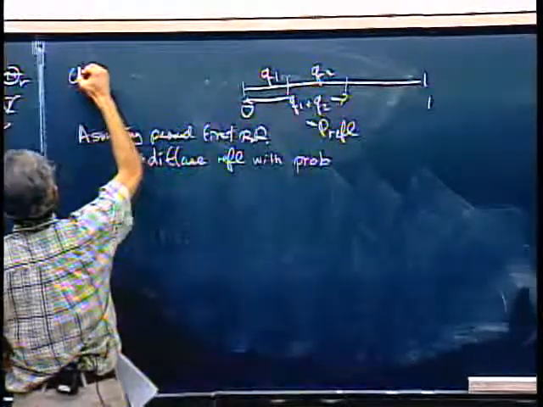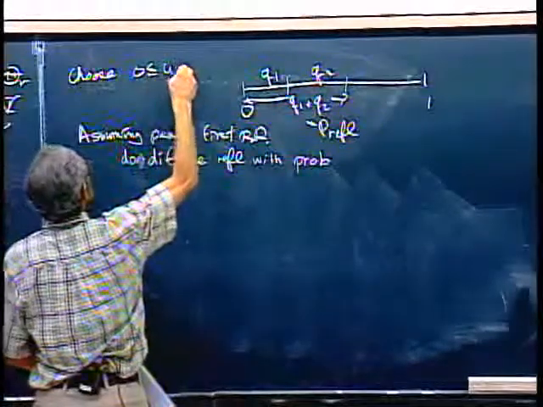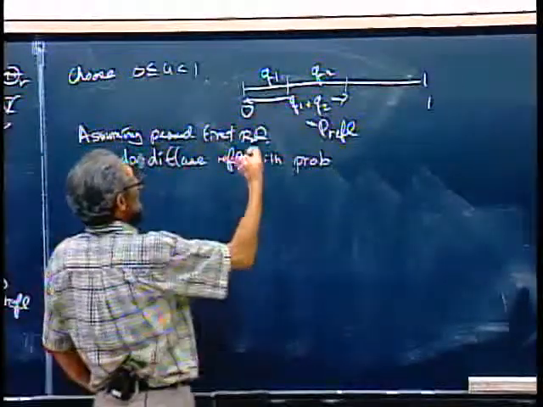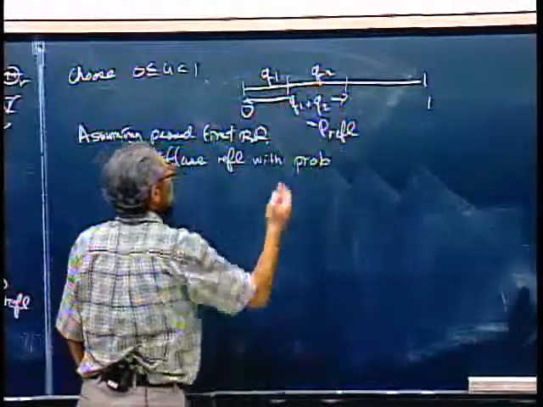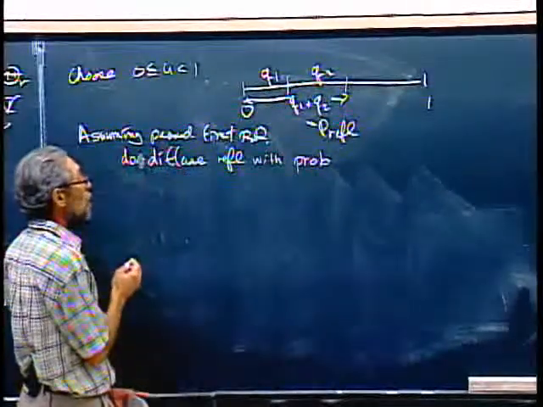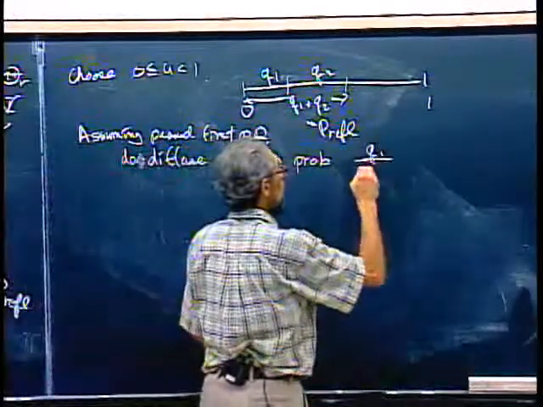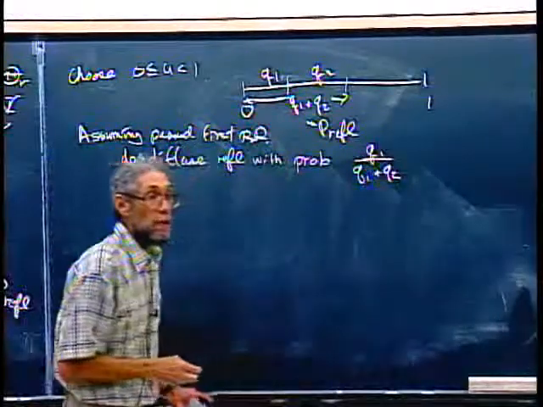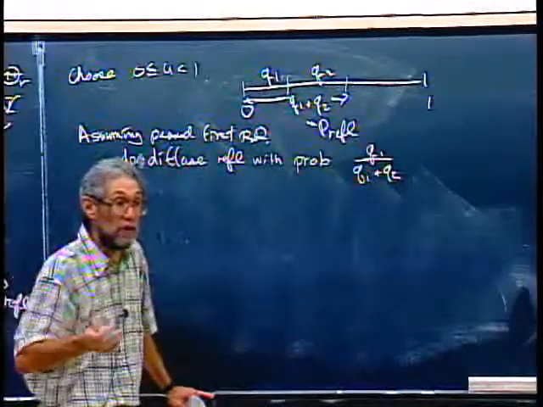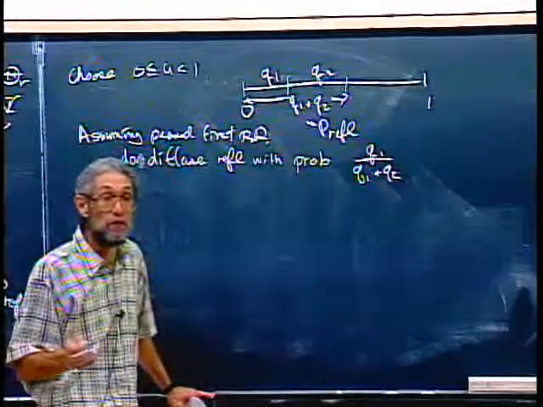So choose again a random number between 0 and 1, and if it passes this first test, then I want to do a fraction of those, namely Q1 over Q1 plus Q2, because that's the percentage of the hemispherical reflectivity which is accounted for by the diffuse reflection.